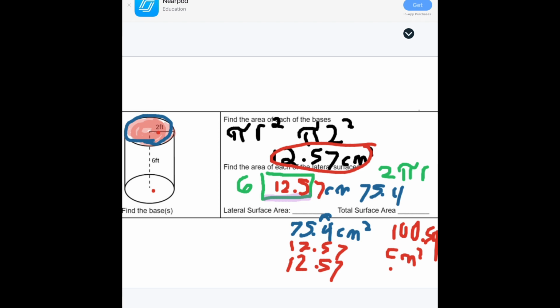2 pi r. 2 pi r. Hint. Hopefully you've already seen it, but that R letter is important.